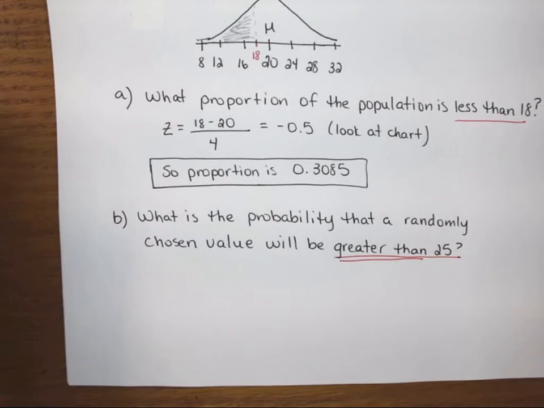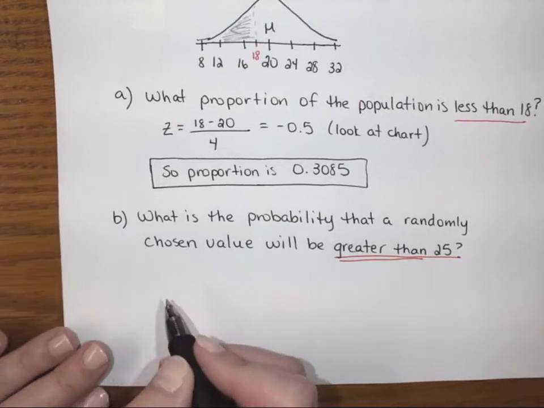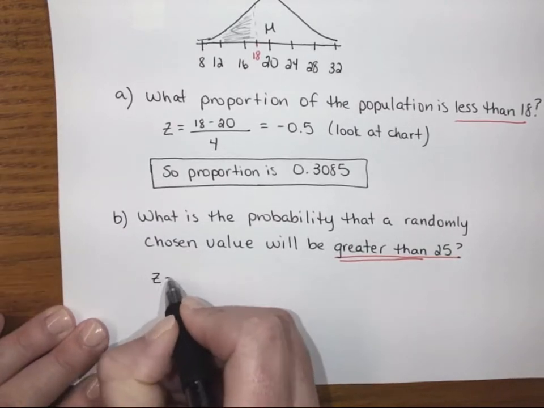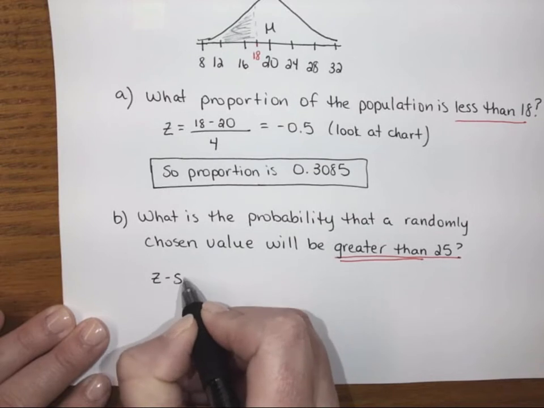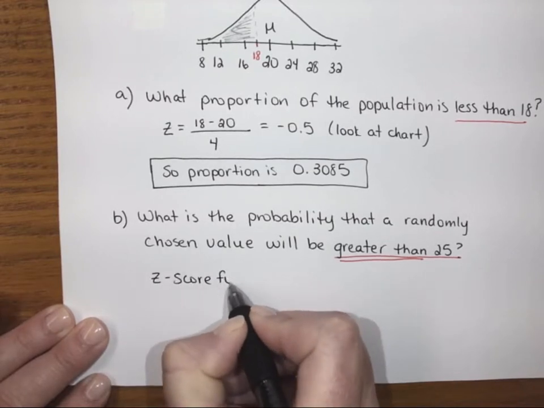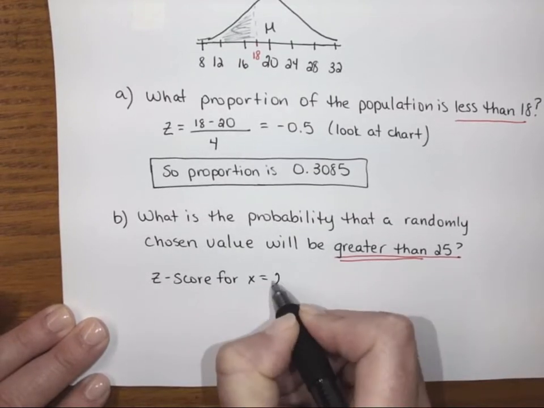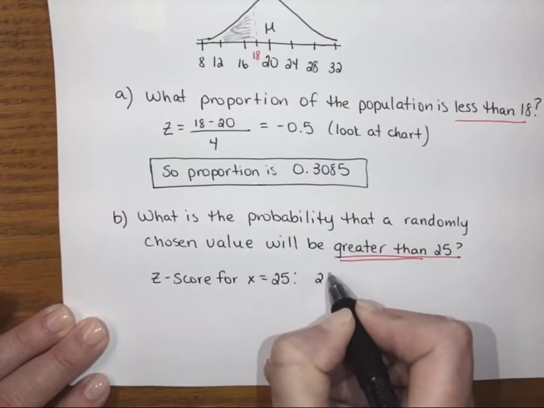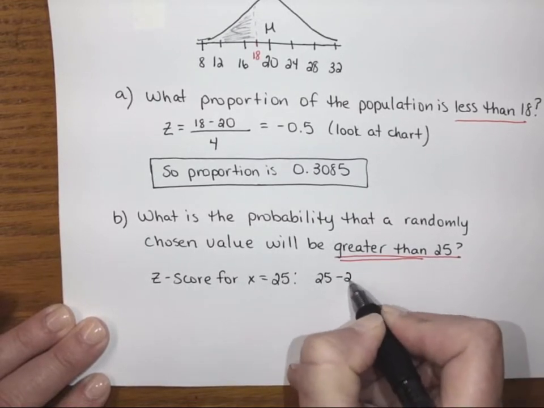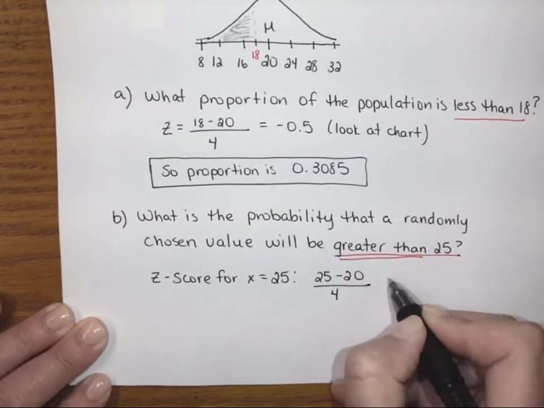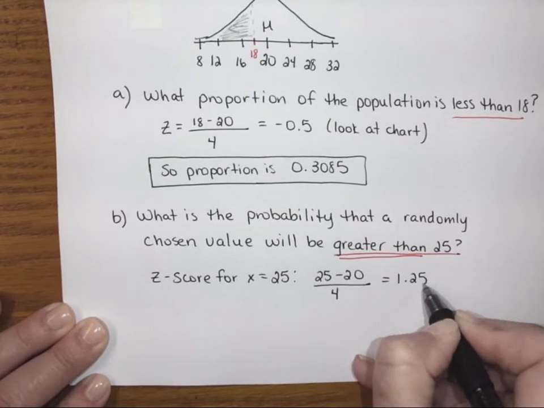Okay, so since it's greater than, whatever we get, we're going to need to read the chart kind of backwards or subtract from 1. So first let's find the z-score. The z-score for x equals 25 looks like value minus average over standard deviation. So you get 1.25.